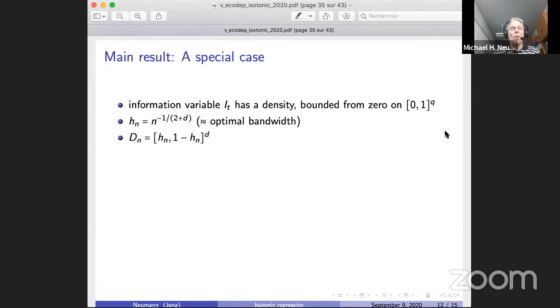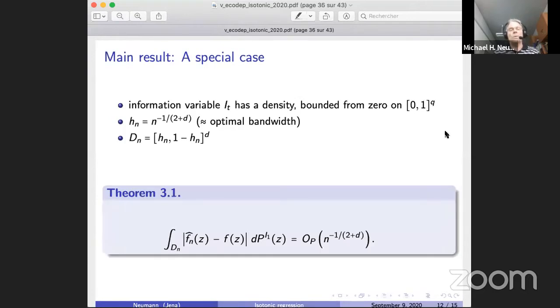It is well known that all these non-parametric isotonic estimators have problems at the boundary of the domain, and therefore we just drop the boundary from our considerations. We consider the behavior of this estimator only on the interior of the domain. This is denoted by Dn. So next part of the slide.